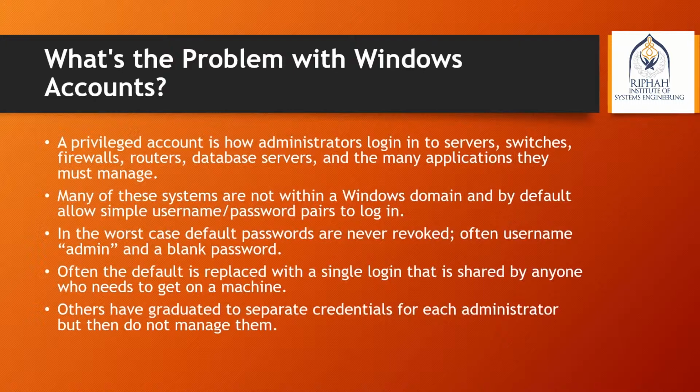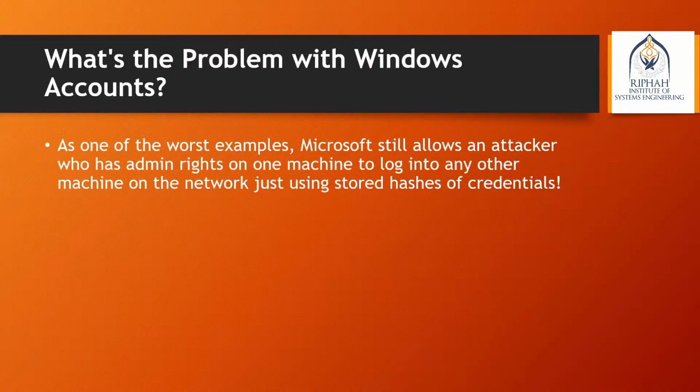And then another issue we have is with the machines that have to talk to each other. The code is hardwired with usernames and passwords that are hard to change. Again we have a problem, especially when we start hardwiring our passwords into machines. And one of the worst examples I've seen is that Microsoft still allows an attacker who has admin rights on one machine to log into any other machine on the network just using those stored hashes and credentials.